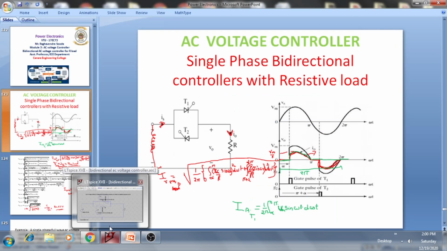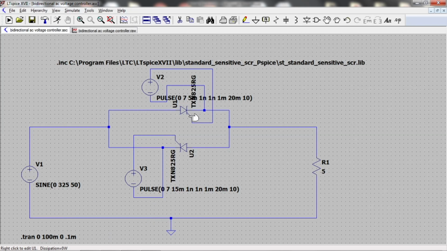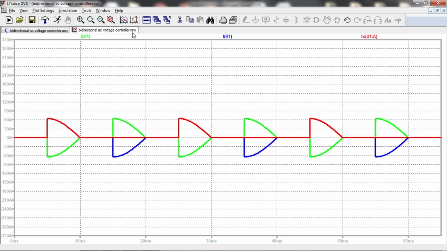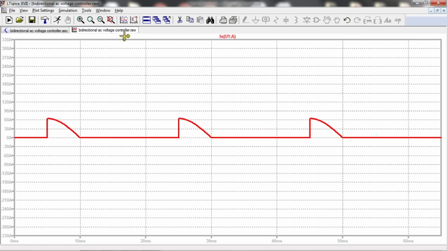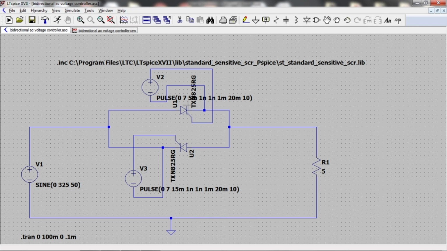See, he is asking us right now, what is the current flowing through this SCR1? I will remove all these currents. See, this is the current which is flowing through SCR1.